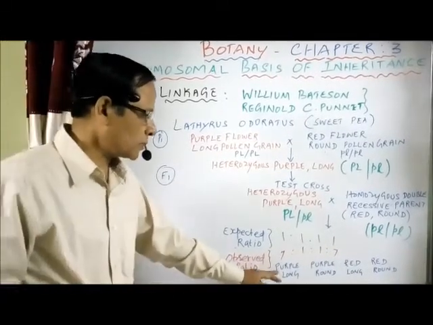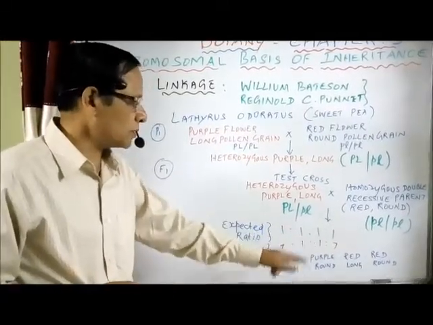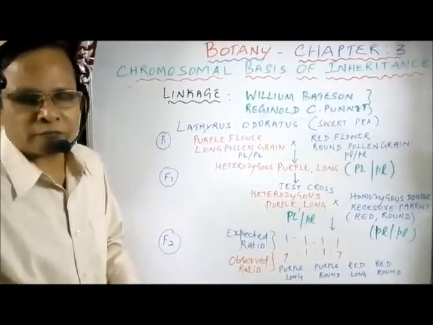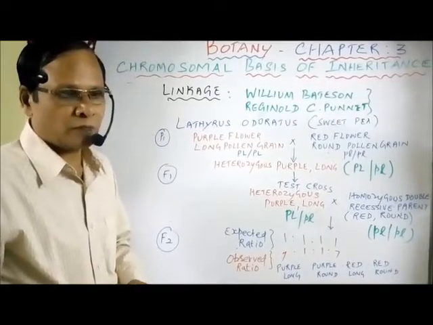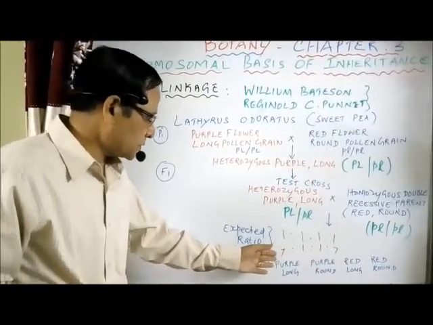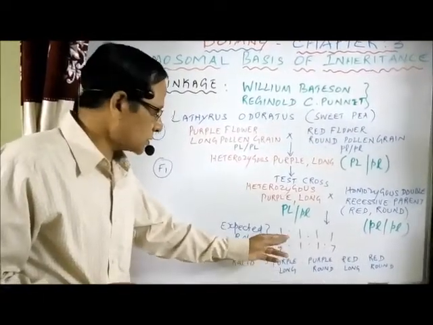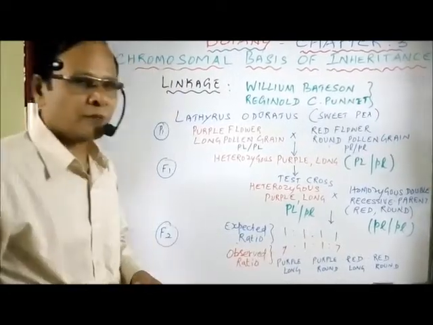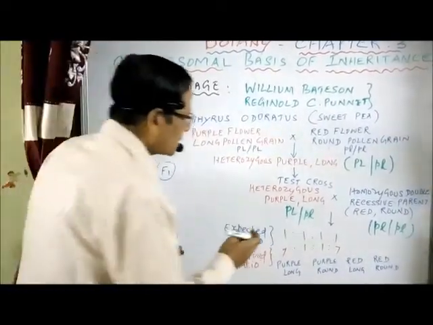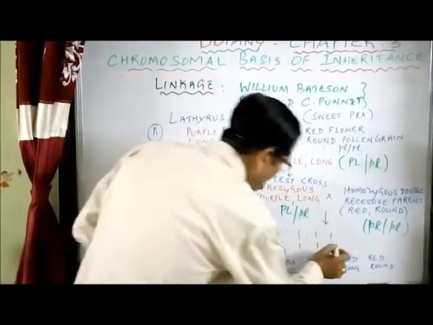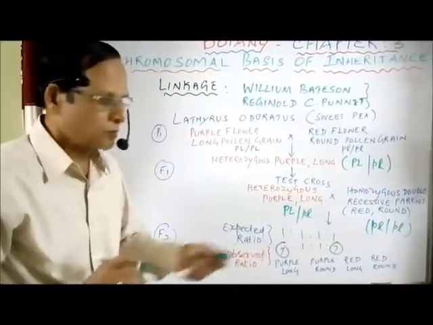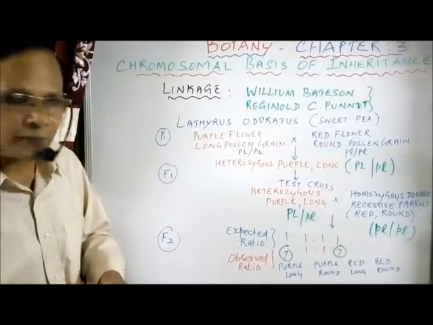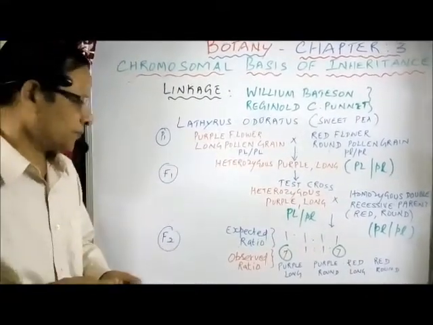What we have are purple long, purple round, red long, red round. This is the expected ratio. But they didn't get the expected ratio. Here you can see they observed the ratio was 7:1:1:7. These two are the parental characters, purple long and red round, because they were taken as the parental varieties for the cross.